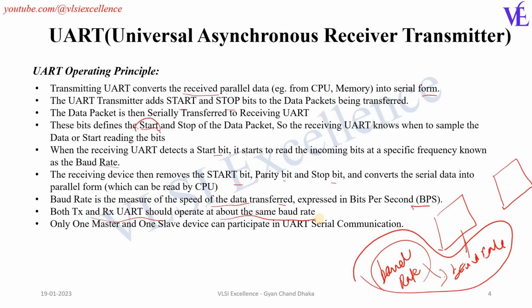We can only confirm synchronicity when there is a common clock signal between transmitter and receiver. In the UART communication protocol, we do not have a common clock signal between UART TX and RX. We only have a UART TX line and a UART RX line. Only one master and one slave device can participate in UART serial communication.